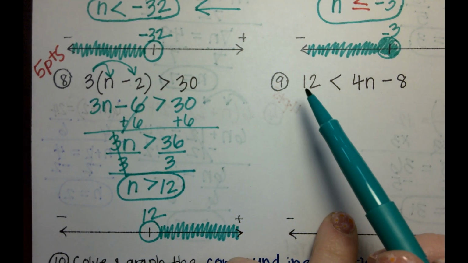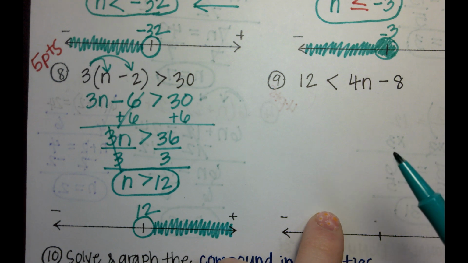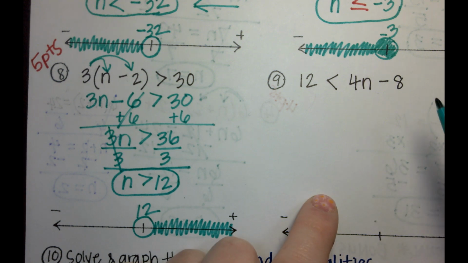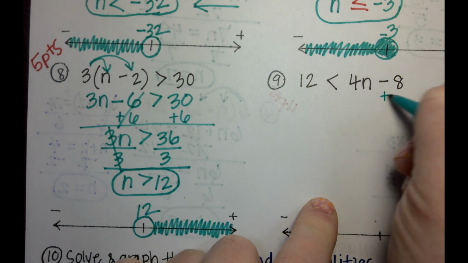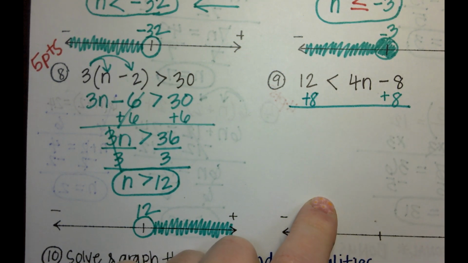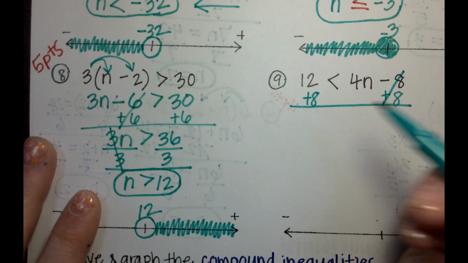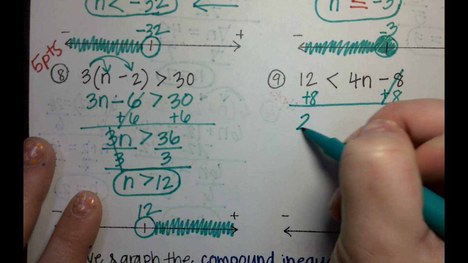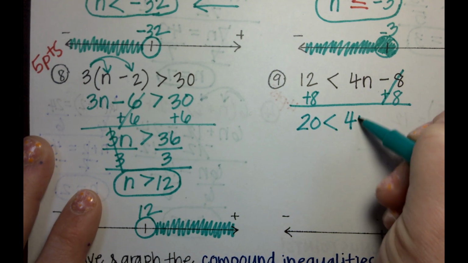I've got 12 is less than 4n minus 8. What should I do first? Add 8 to both sides. Okay. Bring everything down. What's 12 plus 8? 20. 20 is less than 4 times n.